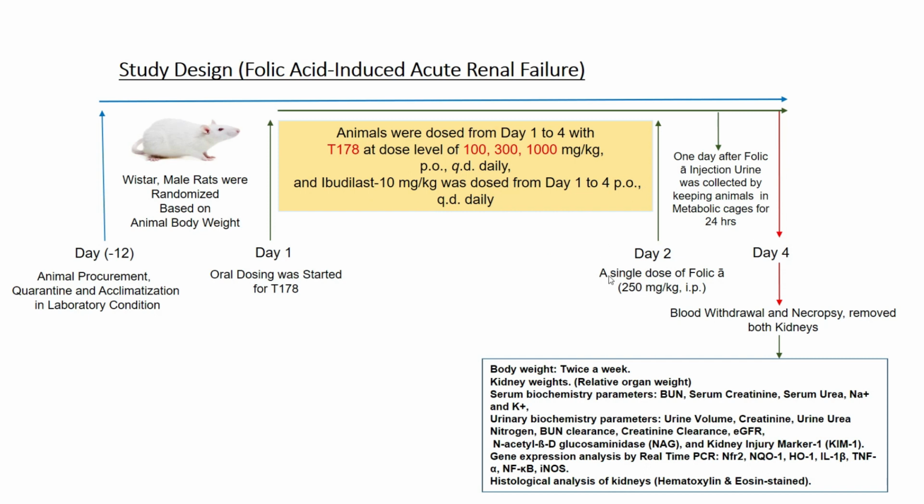So here on day 2 we will induce with folic acid, and we have to prepare the 150 millimolar sodium bicarbonate solution. In that we have to add 250 mg per kg folic acid. While we are preparing the solution and adding folic acid, it shows a milky orange color.